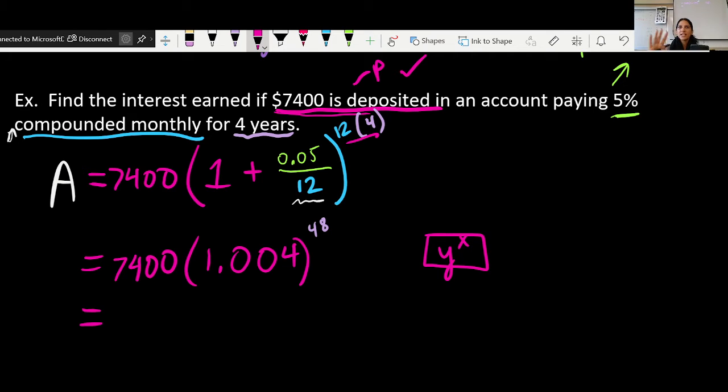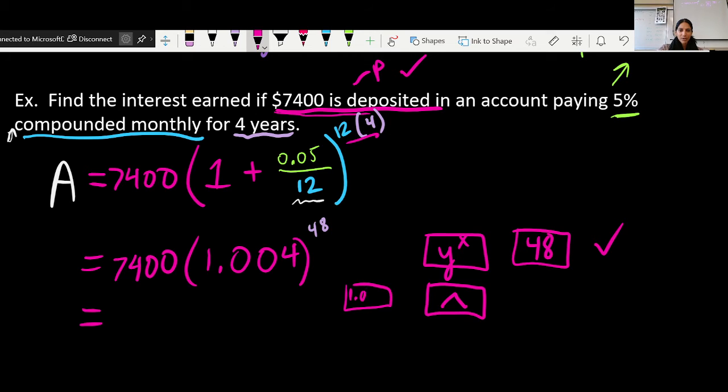That represents the exponent key, and then I would punch in 48. So some of you, this is the order you would punch it in. If you don't see that, some other calculators instead have a button that looks like the tip of an arrow. That's also used for the exponent key. You would punch in 1.004, then this, and then 48.